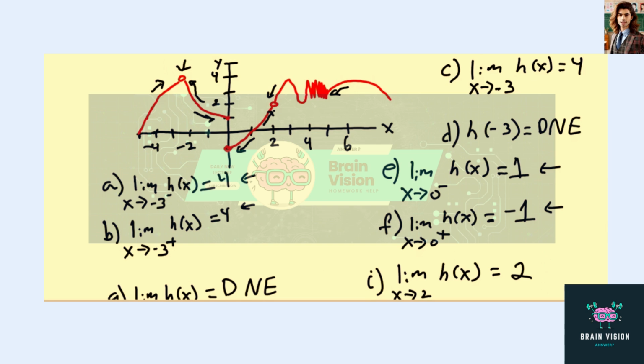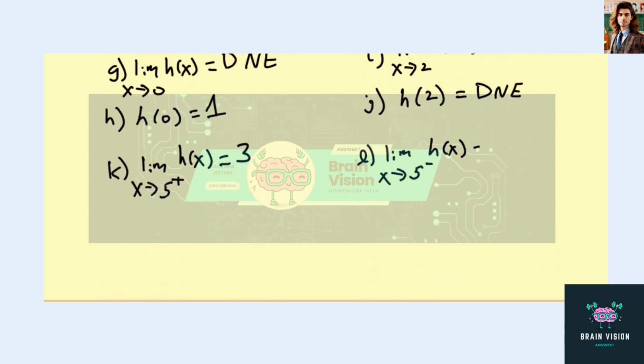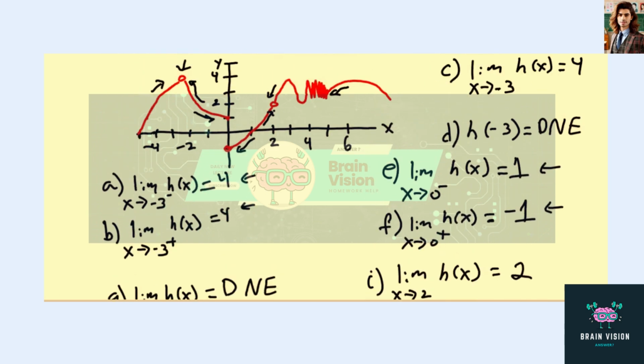But actually, as we get closer and closer to 5, what's happening from the left over here? We just keep oscillating faster and faster between 2 and 4. So we never settle on a single number. Therefore, that one does not exist for us. That limit does not exist. And there is all of the limits that were asked for on this graph.